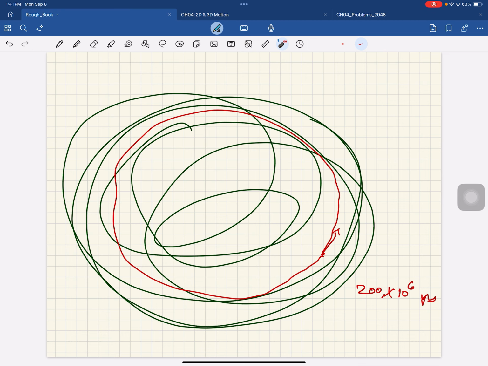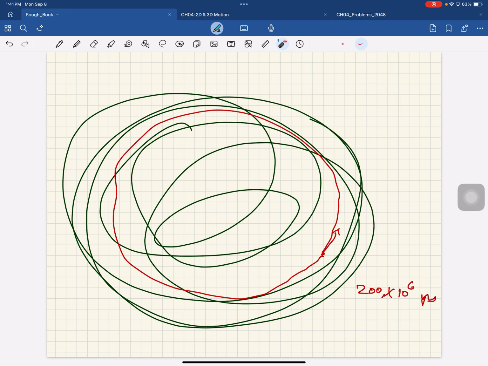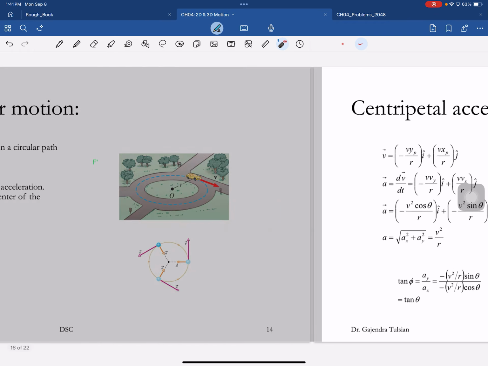It's gravity, the gravitational force of all these stars, all the mass contained within that circle. So again, if something is accelerating, we look for the sources of the force that are causing the acceleration.